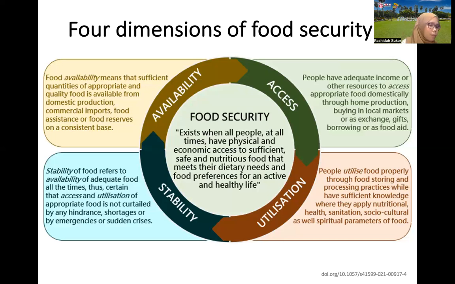So the 4 pillars of food security start with food availability. When we say food availability, it means there is a sufficient quantity of appropriate, quality food available. If we are in food science, for example, and want to develop a new food innovation, we have to make sure the food is of quality, because it is part of food security, right?